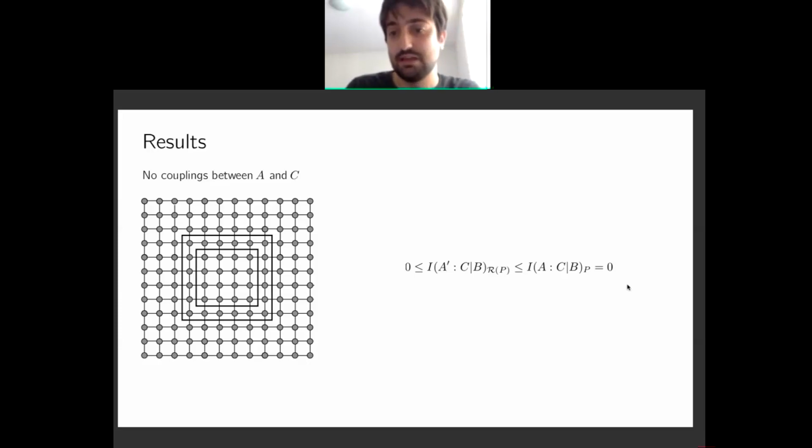Since it was zero initially, it can only decrease, but it must be positive due to strong subadditivity, so it still must be zero. And since this mutual information is zero, if you take the new Hamiltonian and build a graph by connecting via an edge all of the spins that are coupled in the Hamiltonian, then there are no paths that lead directly from A prime to C. So A prime and C are not coupled in the renormalized Hamiltonian.